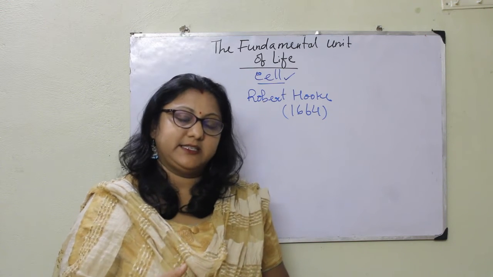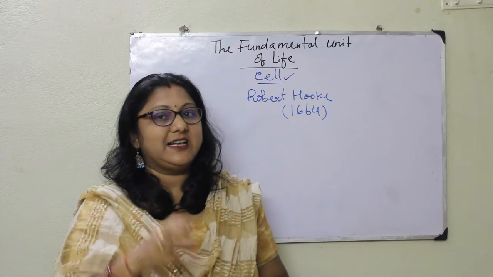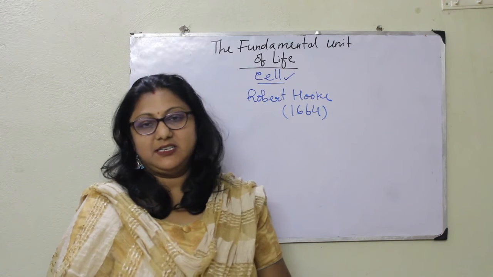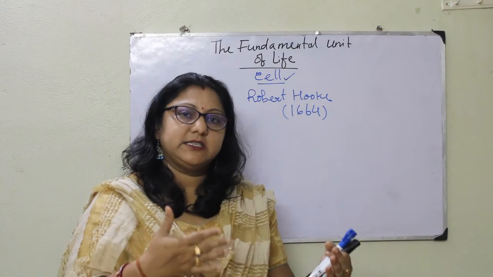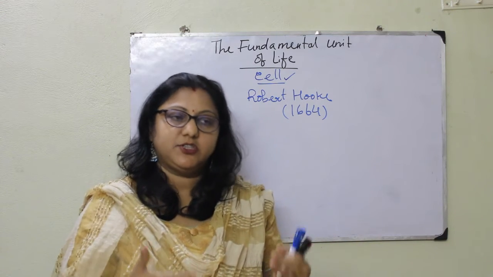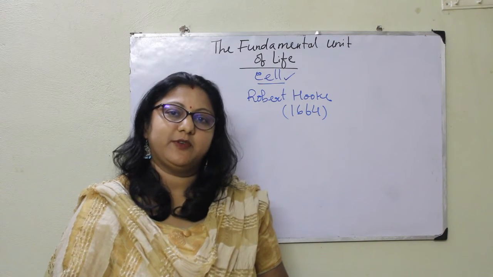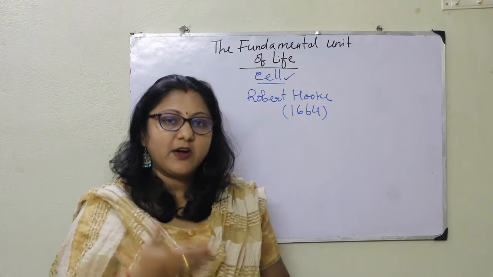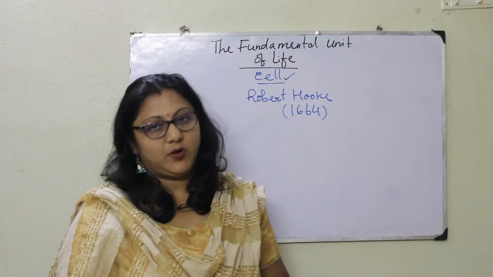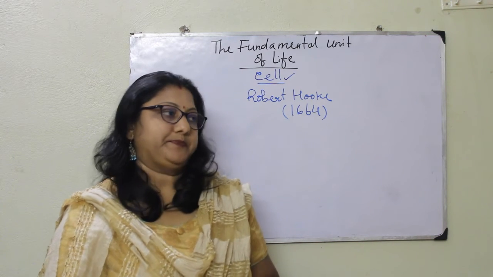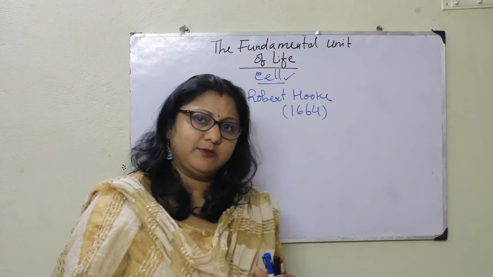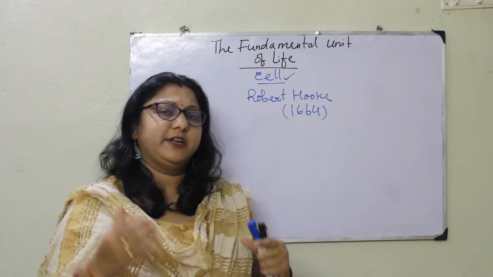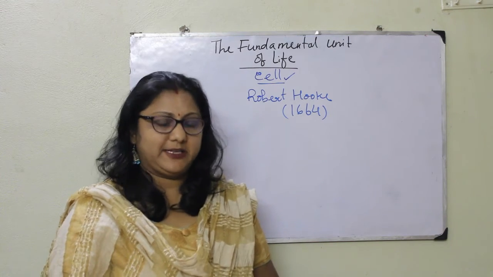Leeuwenhoek is the scientist who could see living cells under his microscope. Many people started research on this fundamental unit of life, and started finding out different parts of the cell also. Clear? Now let us see how cells are formed and what the different types of cells present are.